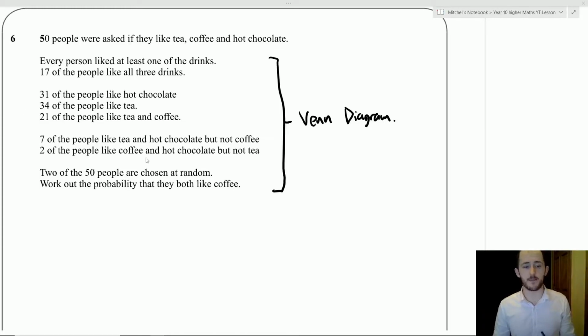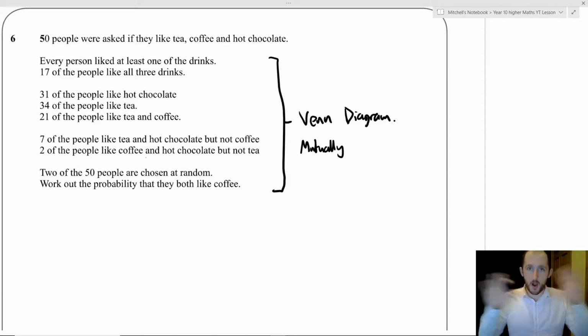Mutually exclusive. Okay. So the term mutually exclusive just means that both events cannot take place at the same time. So the word exclusive means that it's kind of apart from everything, right? Like an exclusive club means that certain people can't come in. Mutually means that it can't happen for both of them.